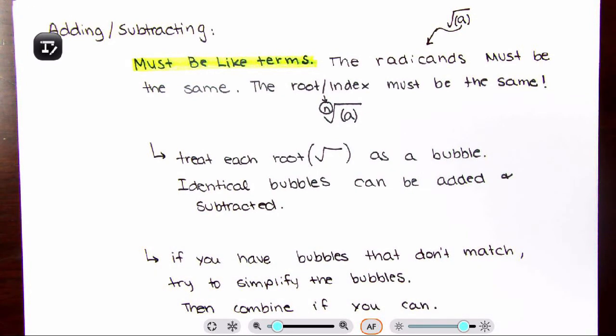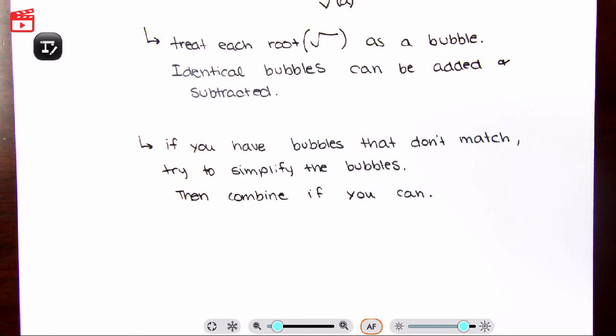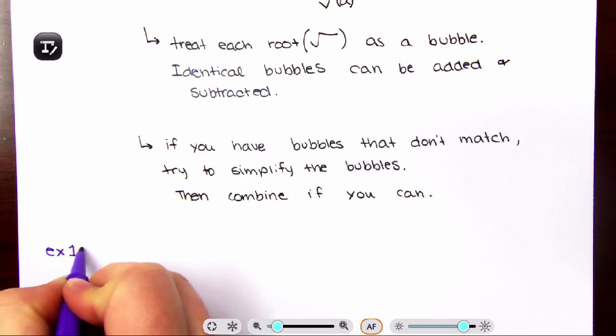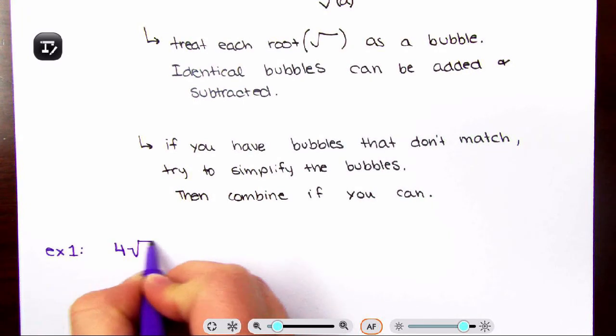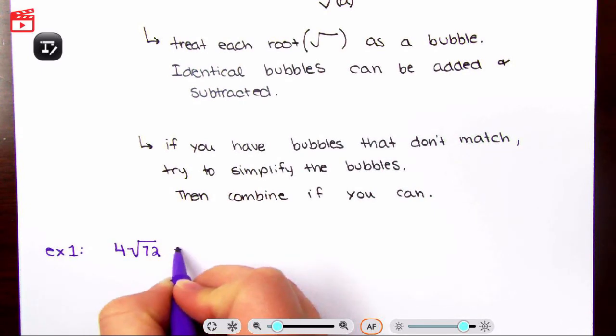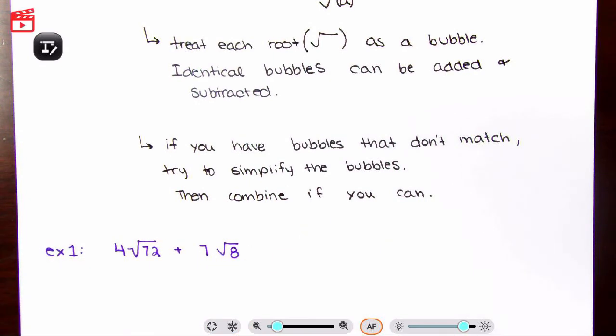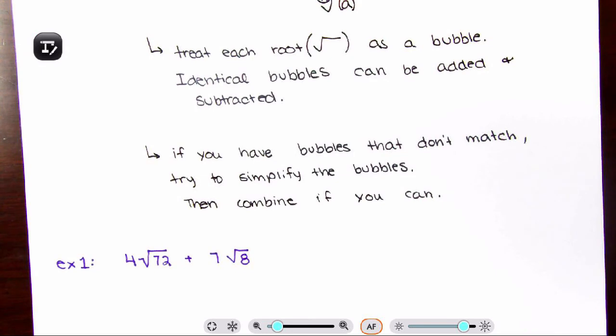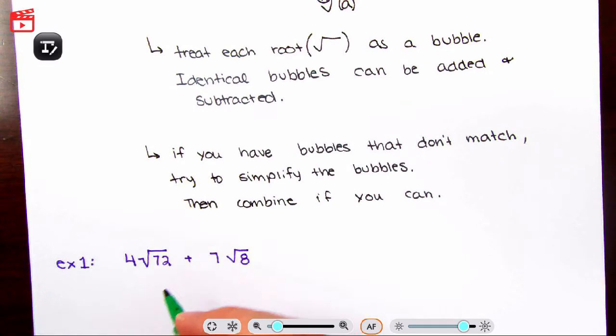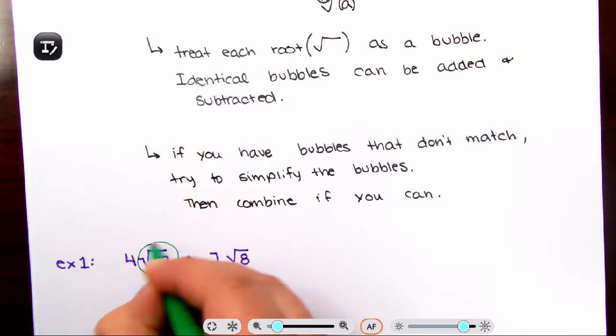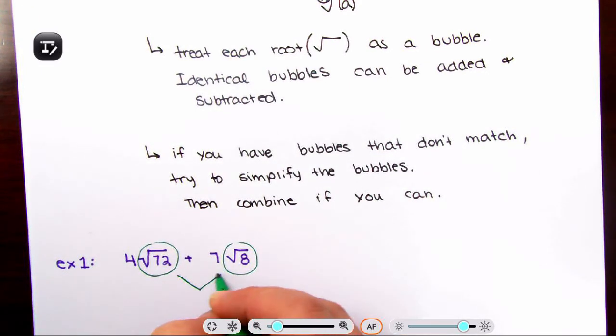Okay, let's do an example. Let's put this to use. We have 4 square root of 72 plus 7 square root of 8. So we're going to put them in bubbles. And I'm going to put in bubbles the square roots only. So like the 4, I'm going to omit the 4. So we're trying to see if these have to match.